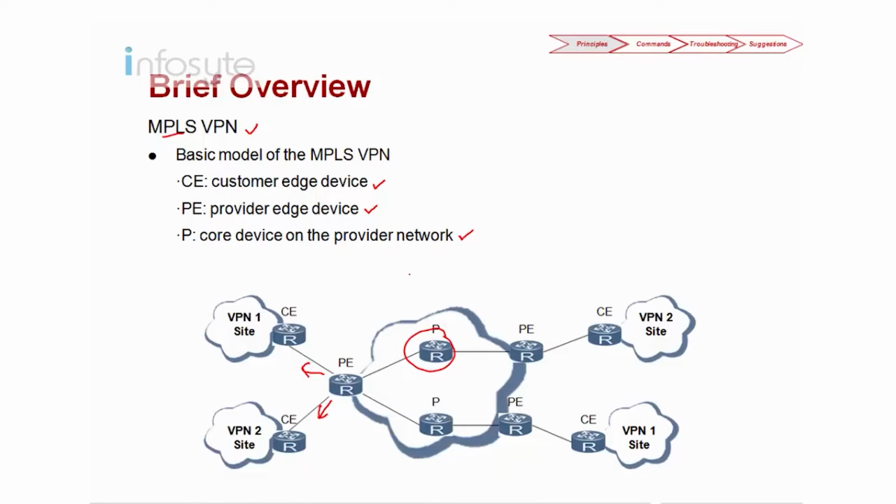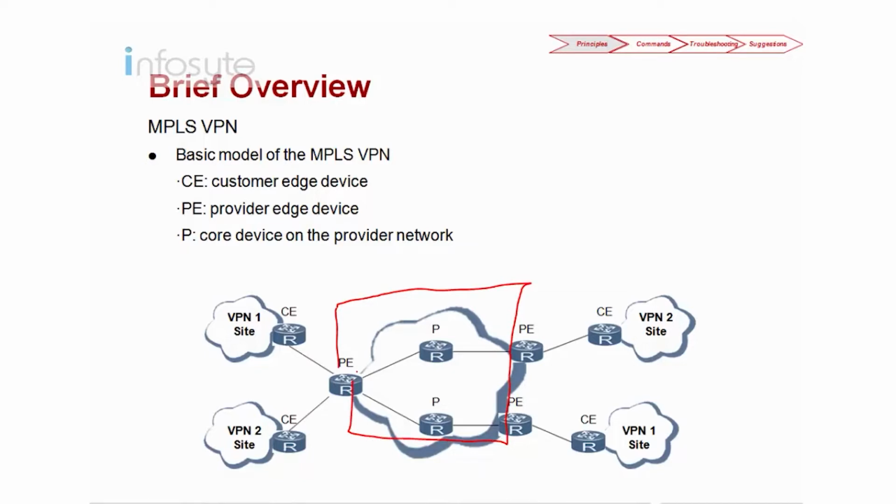The PE equipment handles all the different types of customers, connecting to the different VPN sites and different customers. Traffic going through the PE is sent to another PE and reaches another customer.